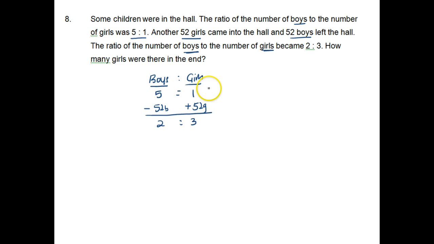Here we know that our total remains the same because I add 52, I minus 52. So my total remains the same. Here my total is 6 units. My total here is 5 units. Total remains the same, so I times 5.